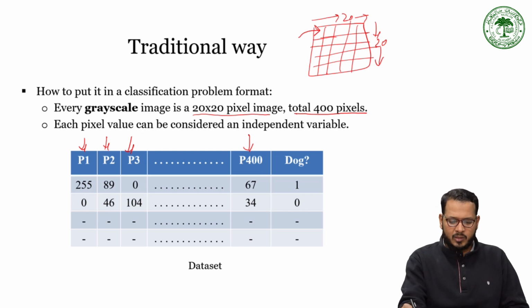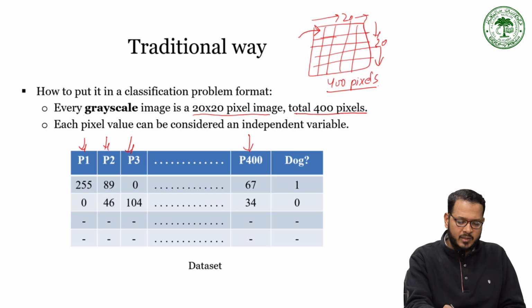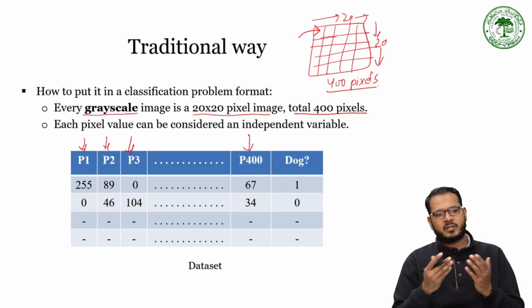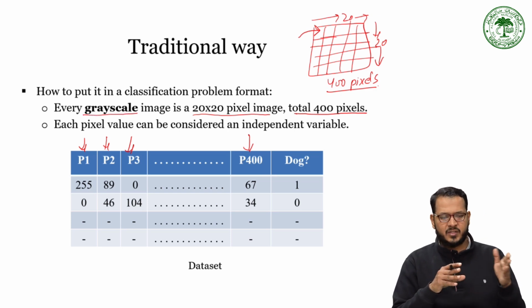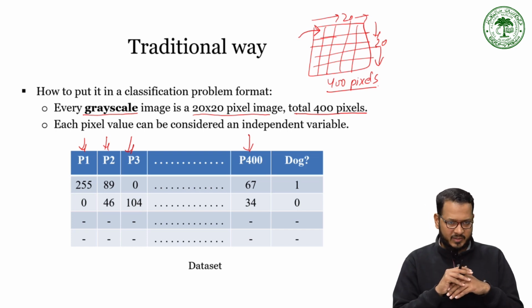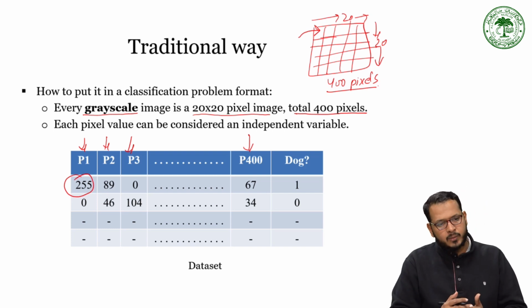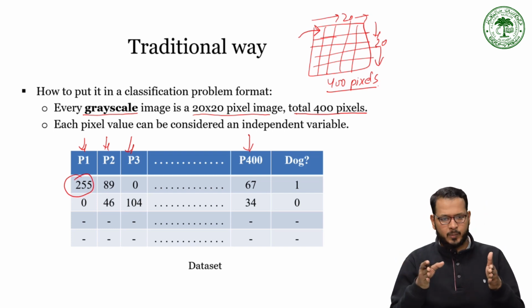Because a 20 by 20 image is ultimately represented with 400 pixels. Now, since it is a grayscale image, any pixel can have a value between 0 and 255, where 0 represents black and 255 represents white, and all the values in between represent the gray shades.